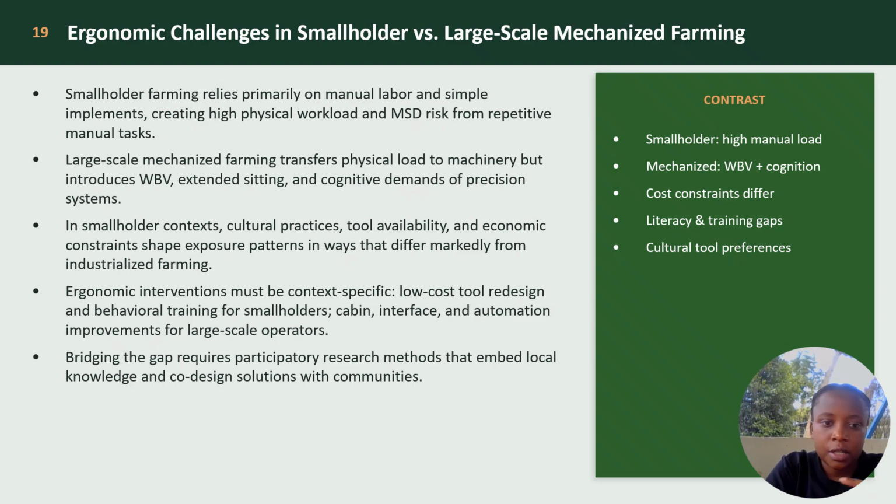The last one is bridging the gap through participatory research methods that embed local knowledge to co-design solutions with the community. Contrast: smallholder, high manual load; mechanized, whole-body vibration plus cognition; cost constraints differ; literacy and training gaps; culture, tool preferences.